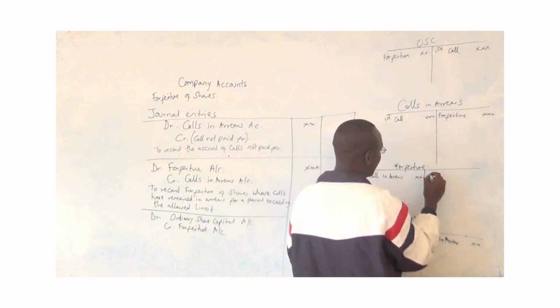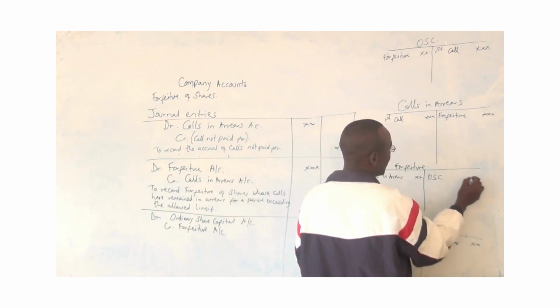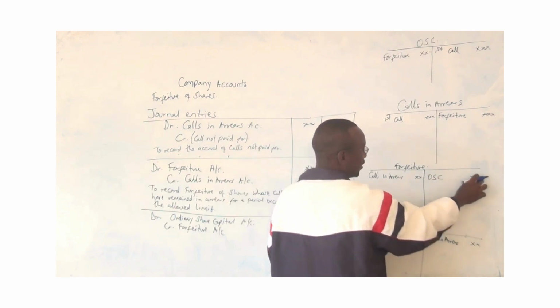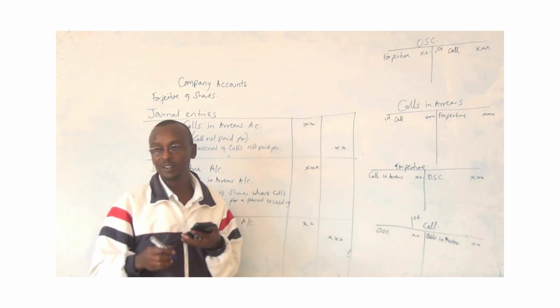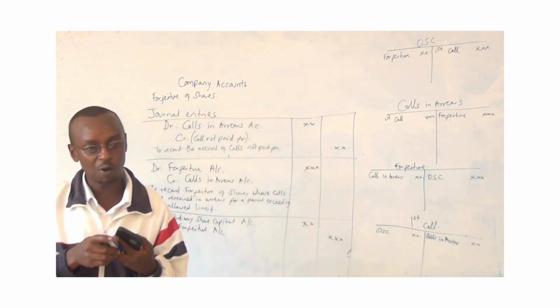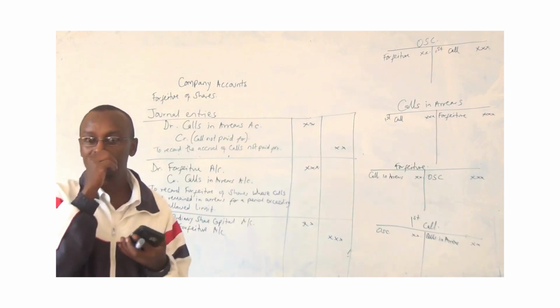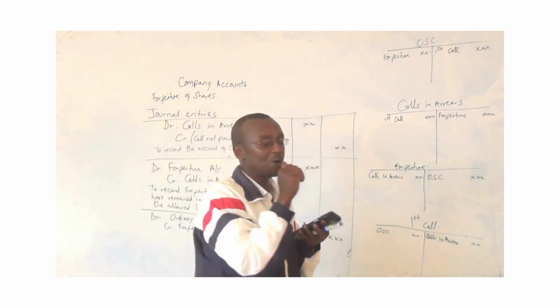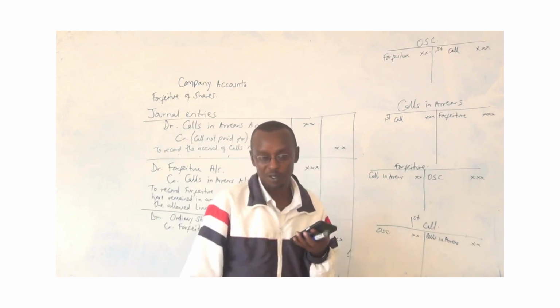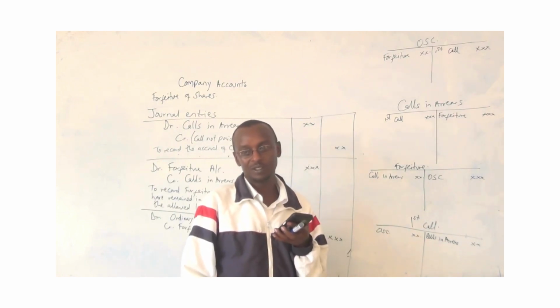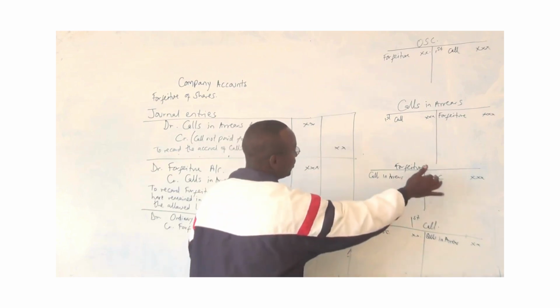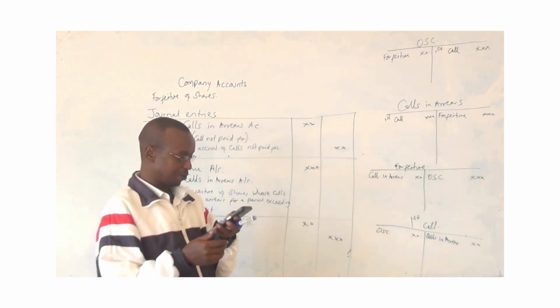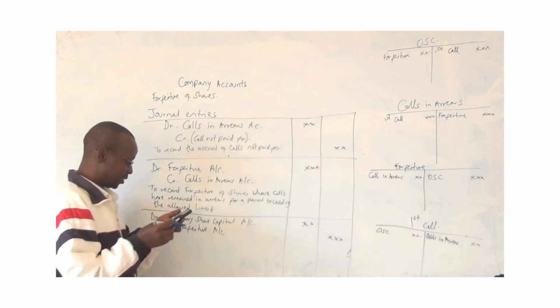That means the amount that you had entered, that we were expecting for the first call, and we had already transferred to the ordinary share capital account, now we are removing it from the ordinary share capital account. We put it in the forfeiture account. This one is to record what?